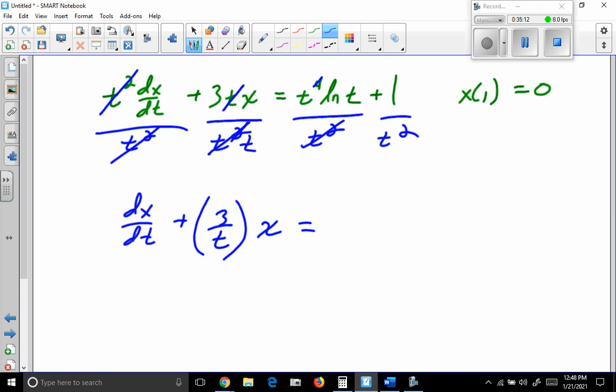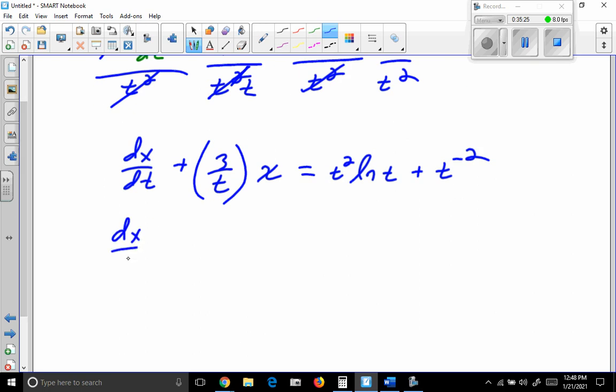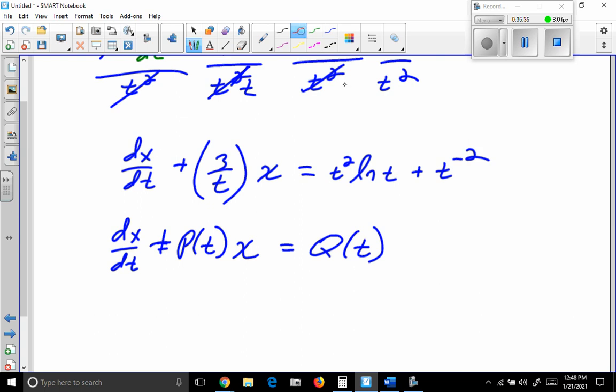On the other side, we get a t squared natural log of t plus, let's call that t to the negative 2. This is our dx dt. This is our p of t times x, and this is our q of t. So p of t is 3 over t.